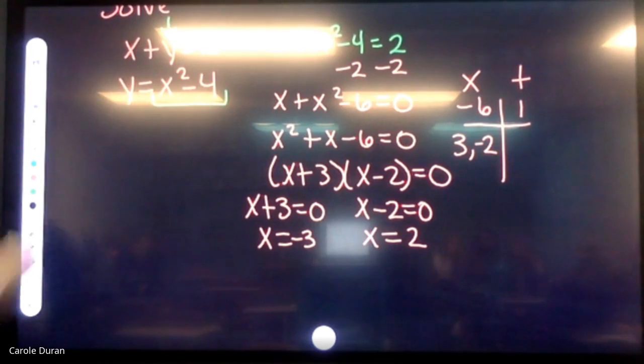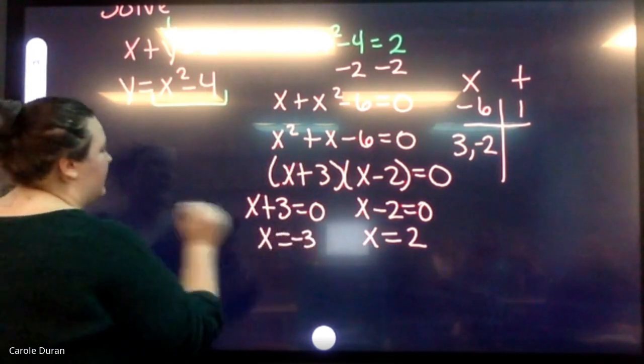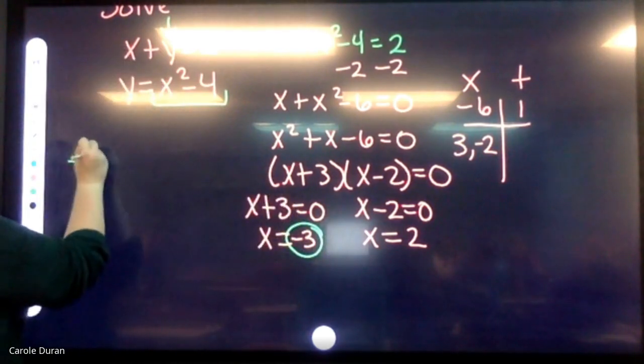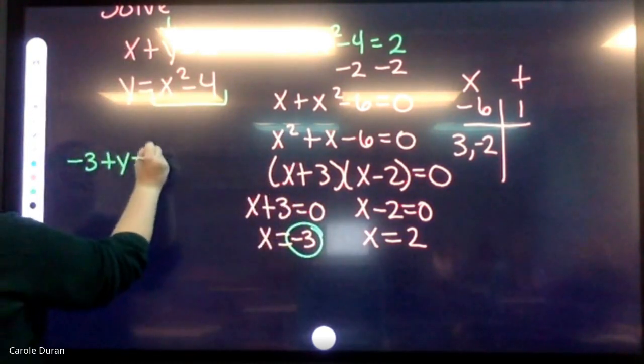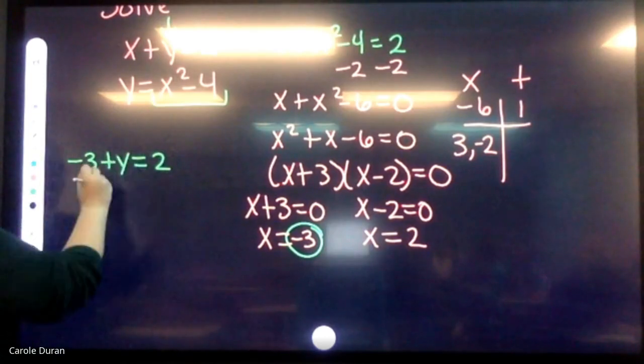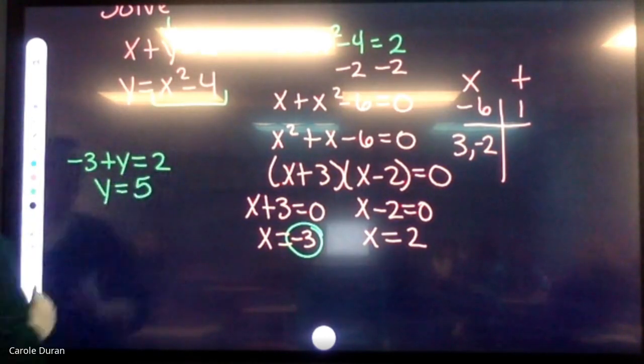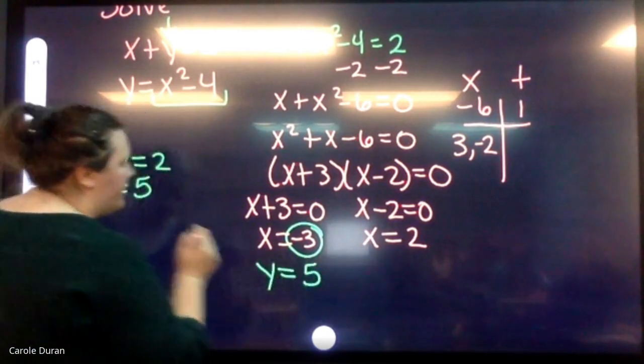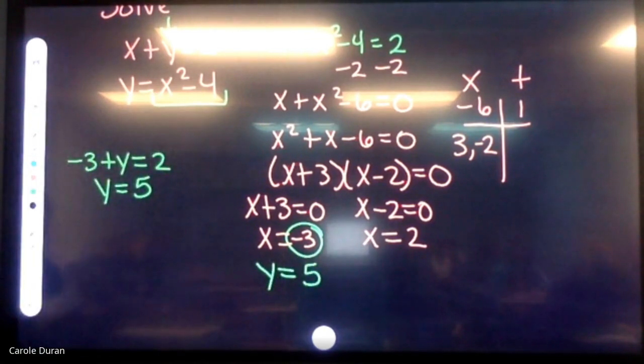Okay? So I'm going to take the x equals negative 3, and I'm going to plug negative 3 in for the x here. When I do, I get negative 3 plus y equals 2. I add the 3 across, and I get y equals 5.